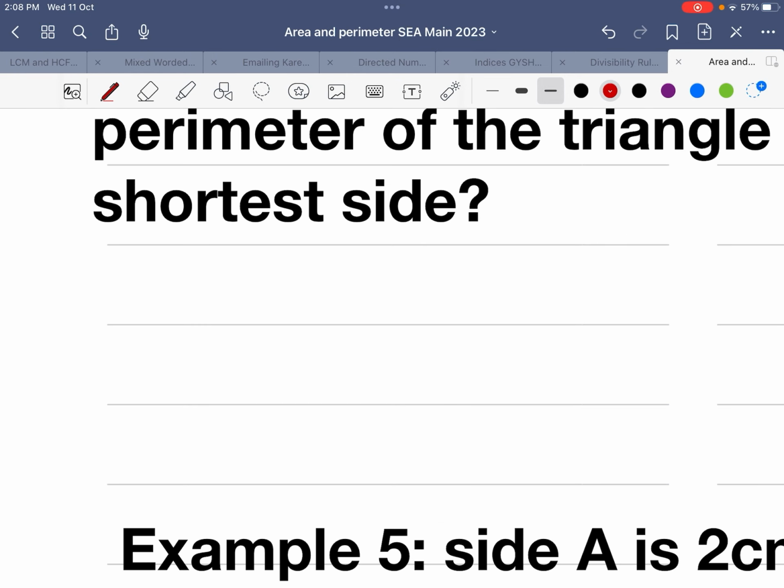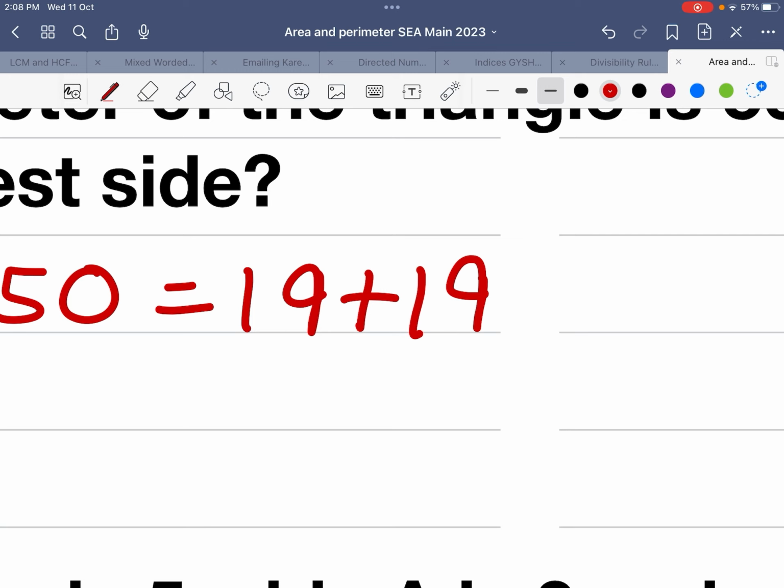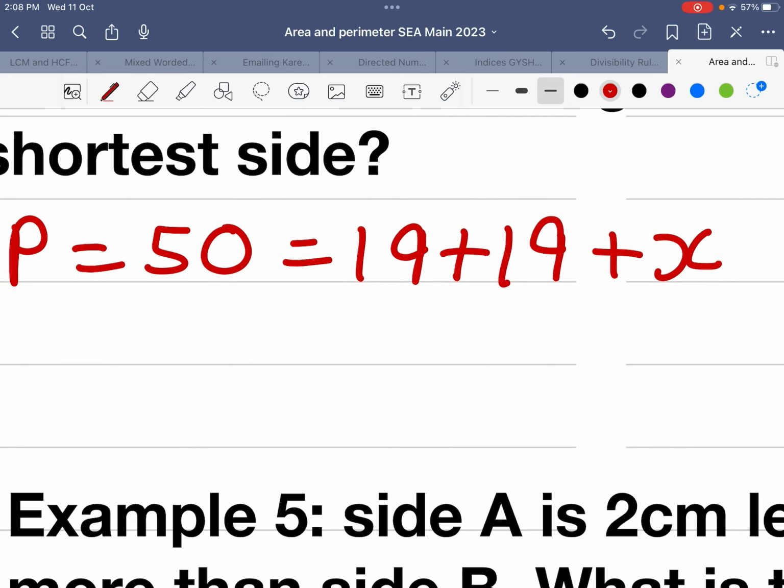So the perimeter, which is 50 centimeters, is comprised of the two equal sides, which is 19 plus 19, and then the other side, which we will call x, since we don't know the length of it.